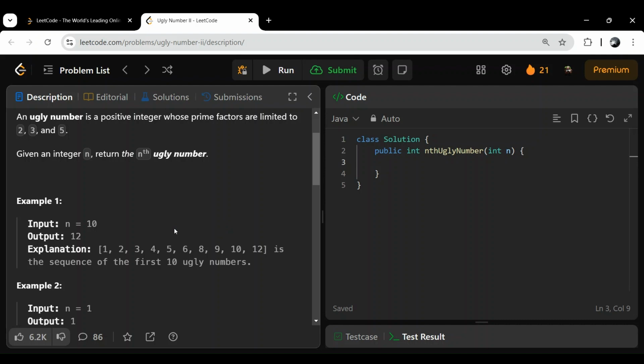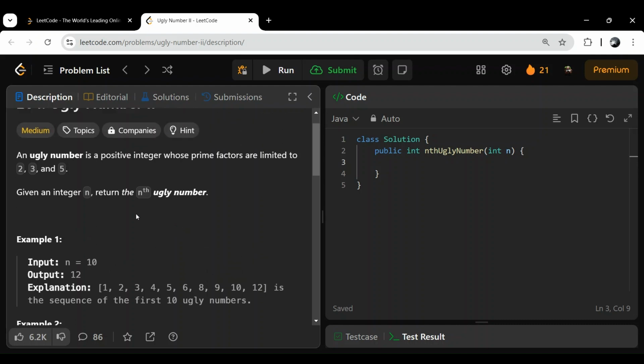So instead, we will find only the first 10 ugly numbers and then return. We can use the dynamic programming approach. We know our ugly number is divisible by 2, 3 or 5.